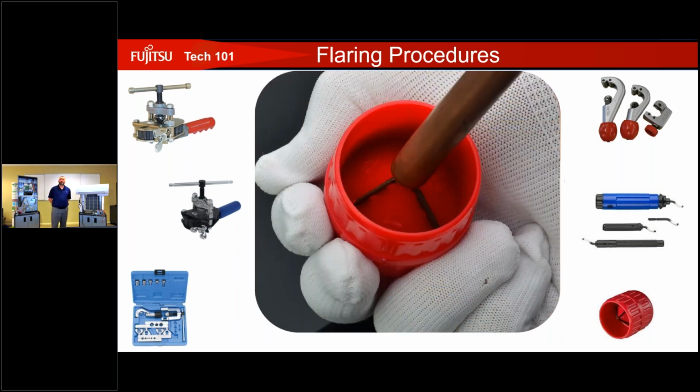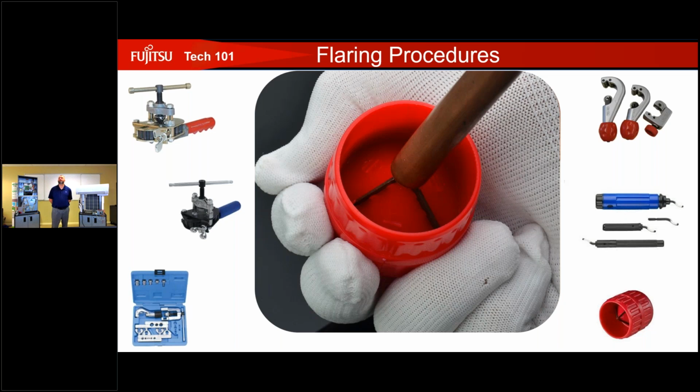All right. Then just before we're about to make our flare, we want to make sure that we don't have any burrs on the inside of the copper. So you can see here, this is one of the ones that cleans the inside. If you turn it around, it'll clean the outside of the copper as well. That's just to make sure that the surface doesn't have any jagged edges.